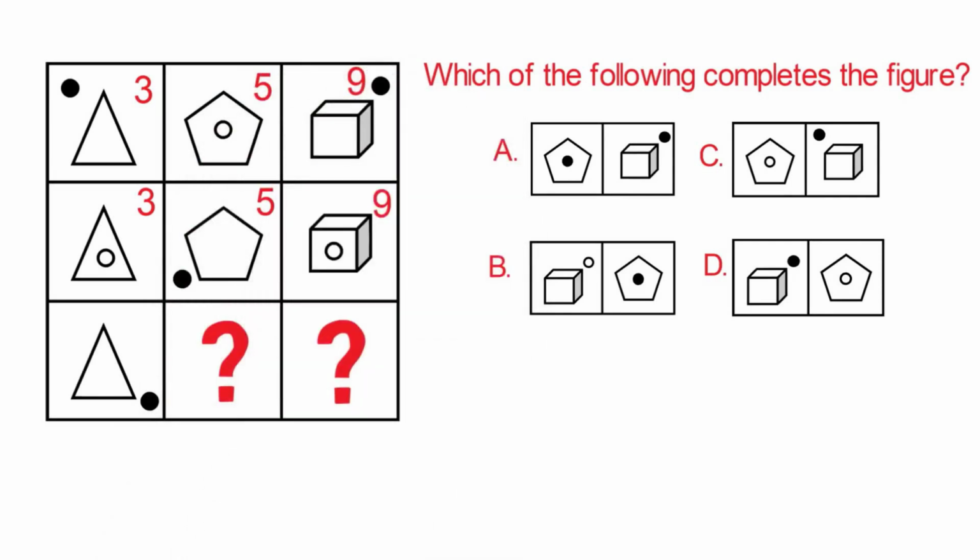Triangle has 3 lines, pentagon has 5 lines, and cube has 9 lines. The second pattern is that the small circle inside the shape alternatively rotates from being inside the shape to being outside of the shape. And the last but not the least pattern is that the black circle outside of the shape also changes its location.